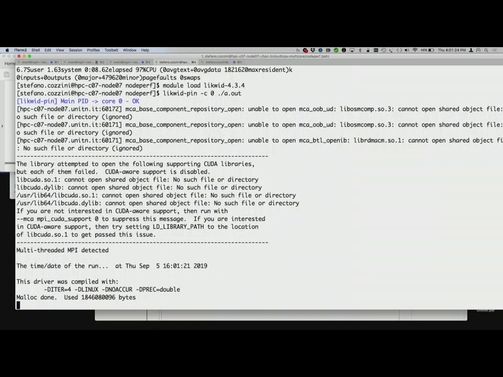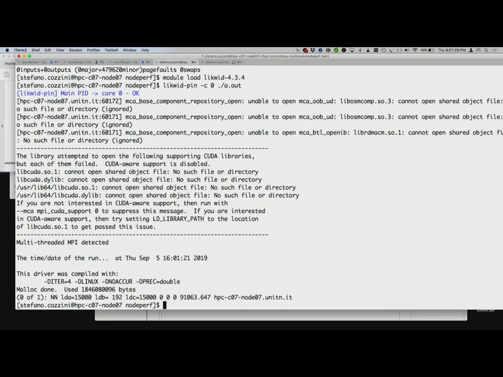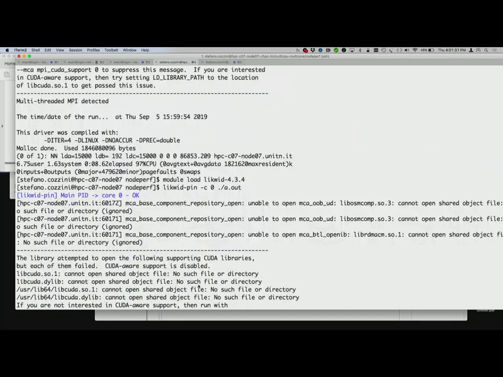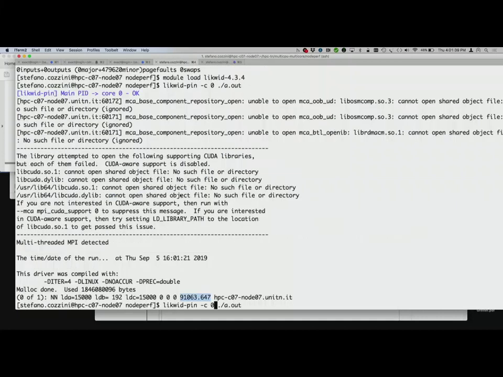But this is not actually what I would like to do because I don't report the time. Do we have an improving performance? Here we have 91. Before we had 86, so not so much, but could be a fluctuation.